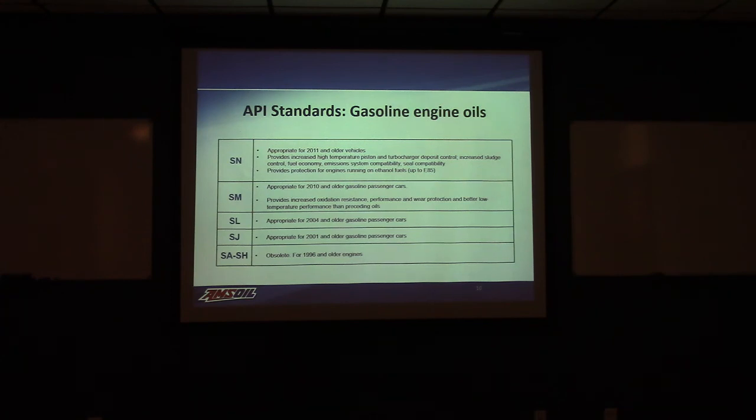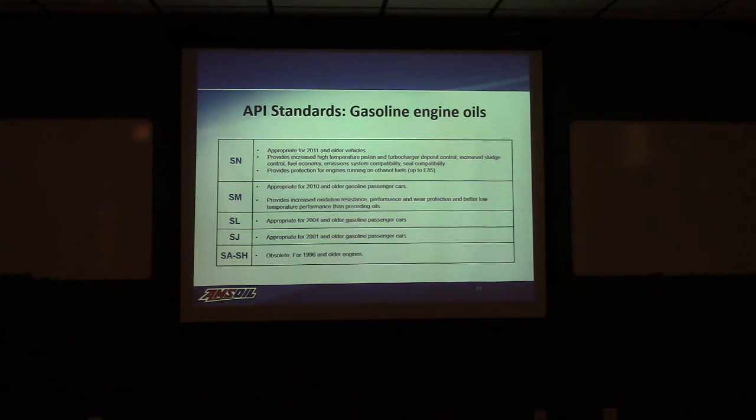As the demands changed and as they came up with new classifications, they started moving up the alphabet. The most current API standard for gasoline engines is SN. And it takes into consideration all of the situations, all the issues that the older standards did, but now some additional concerns.